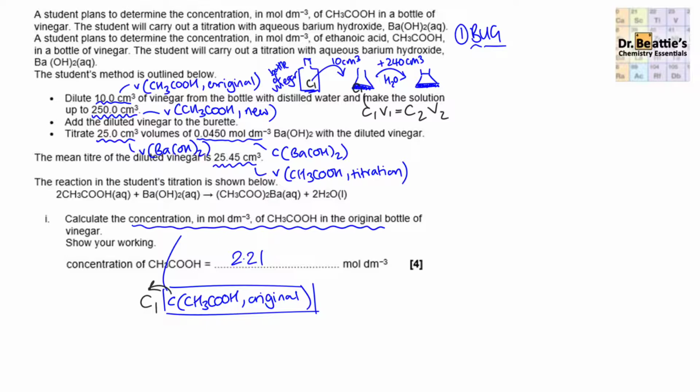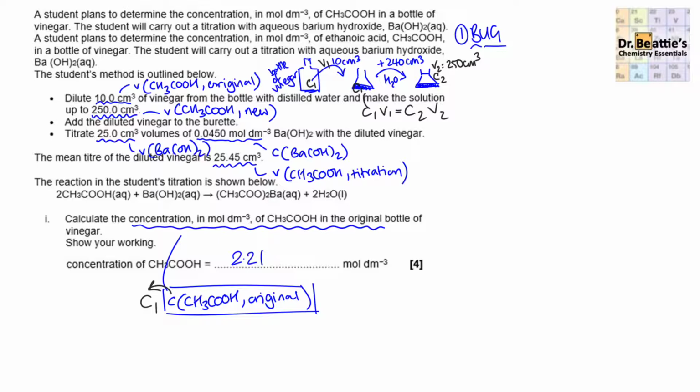The volume V1 is 10 centimeters cubed, and then our new concentration is of this 250 centimeter cubed sample, of which the volume for that, V2, is 250 altogether.